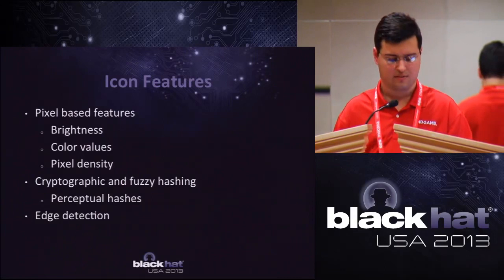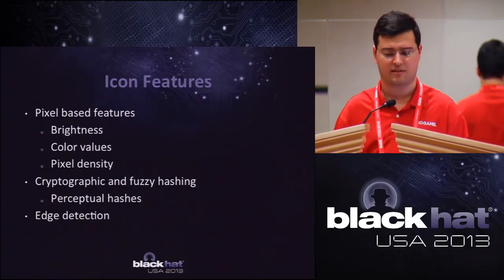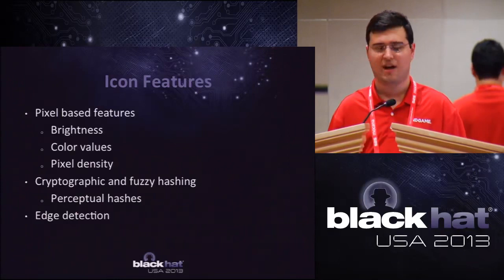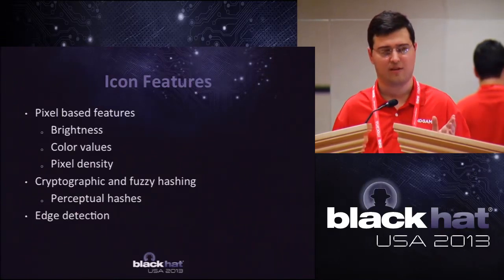We've also found that we've had excellent results doing cryptographic and fuzzy hashing on the files themselves. Individual icons we found will be spread across multiple families, and you can trace a certain amount of family lineage from that.